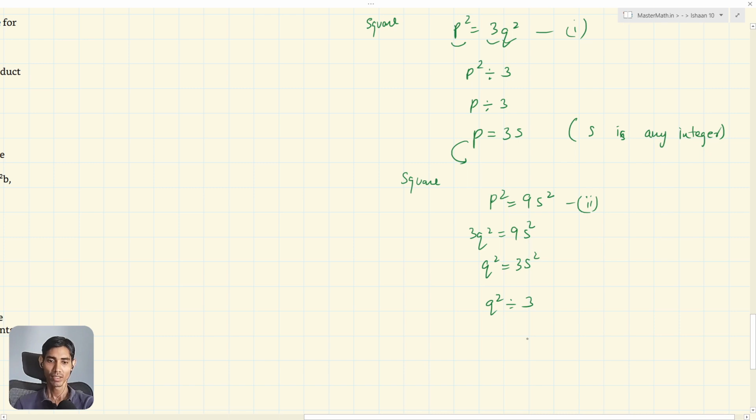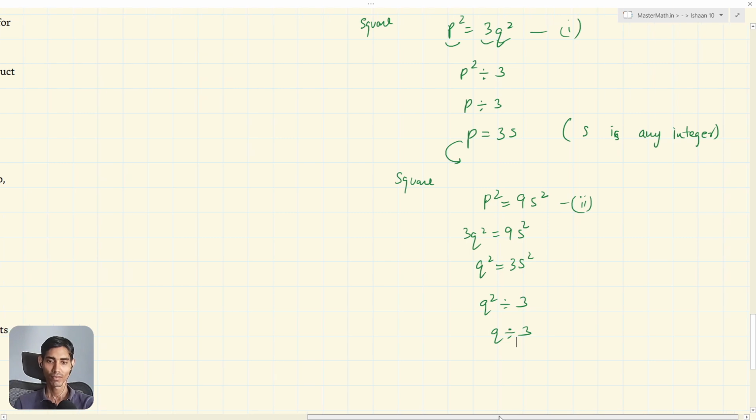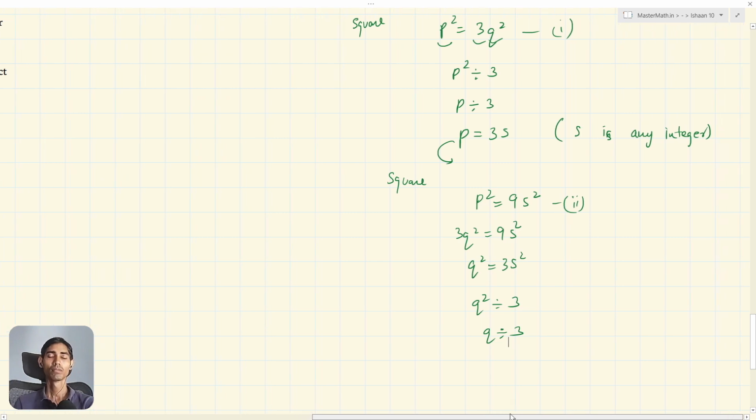Okay, sir. And if q square is divisible by 3, q is also divisible by 3. Correct? Yes, sir. Now, what is the problem? q is also divisible by 3, p is also divisible by 3.